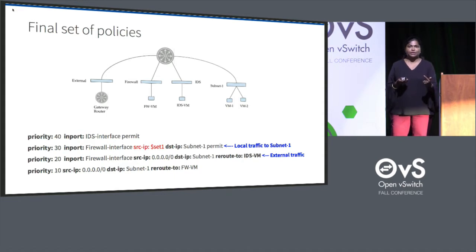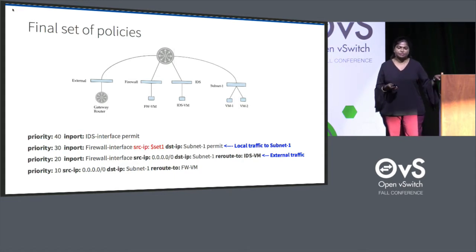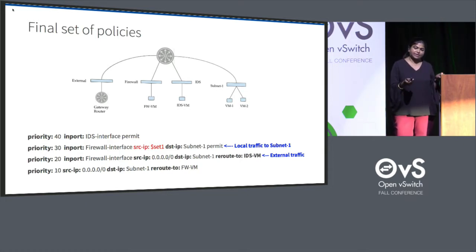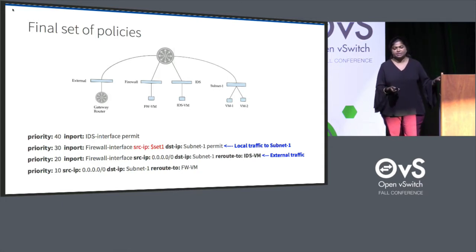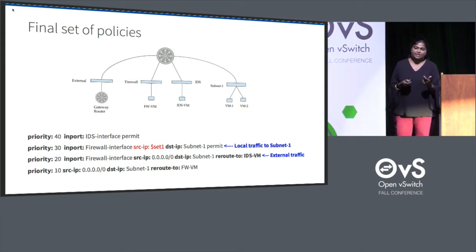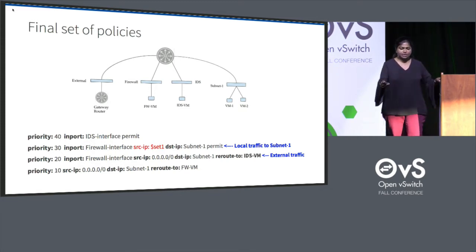So the policy with priority 20 says that when the traffic comes from firewall interface, it needs to go to the IDS VM, except if the source IP belongs to the address set. If it does, then the traffic goes directly to subnet 1. It doesn't go through the IDS.